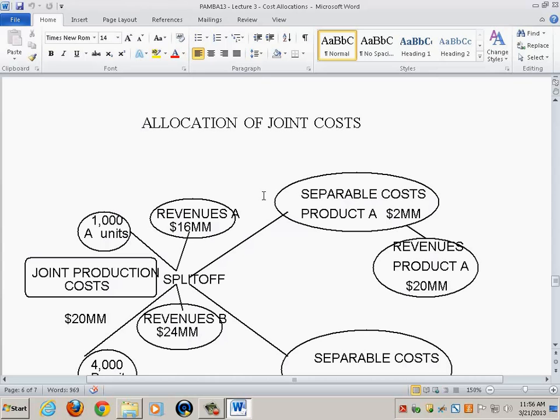I challenge you to find the most advanced biologist who will be able to tell you, based on the most recent biological science findings, how much of the cost of the feed to sheep you can allocate to wool and how much to mutton. We simply don't know. So there's no scientific or logical way to do it.